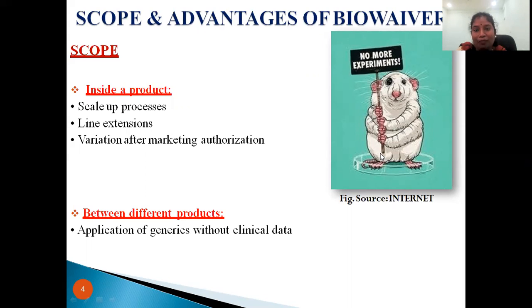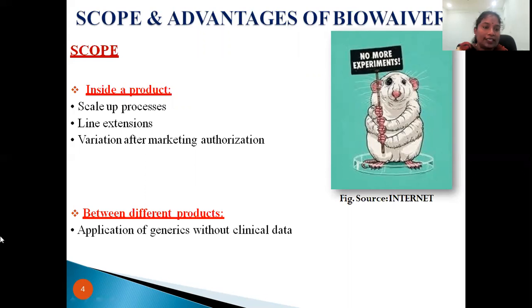That means by these biowaiver studies, we can avoid animal tests, animal clinical tests and human clinical tests. That is the main concept of these biowaiver procedures. So we can avoid animal tests, that is nothing but avoiding the clinical trials. That is the main concept.